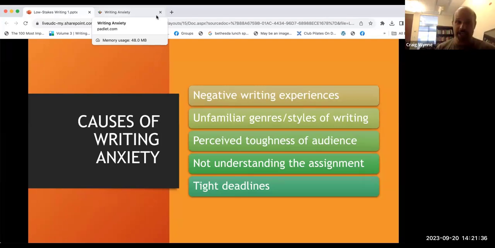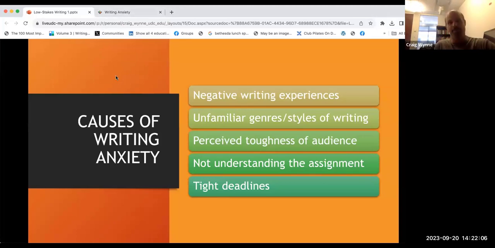Also, not understanding the assignment, and I know we have talked about this in workshops before, where students may be reluctant to ask questions if they don't understand. One thing, and not to go off on too far of a tangent, but I actually brought students to my office hours during a class session so that they know where it is, so that they can associate it with being a safe space, so they can ask if they're not understanding.